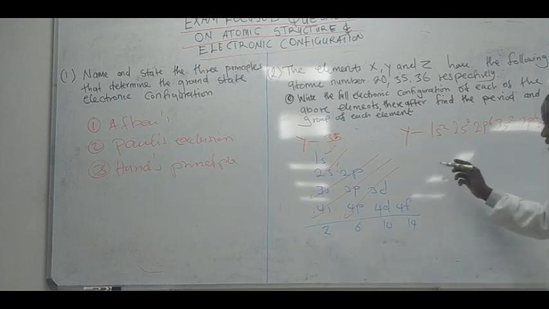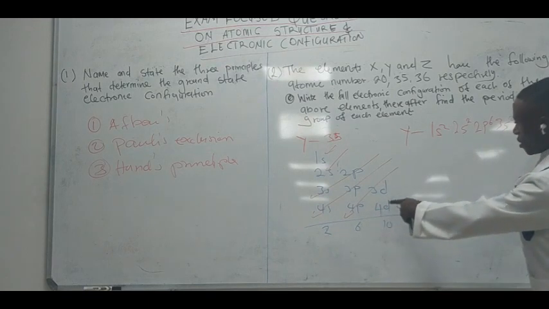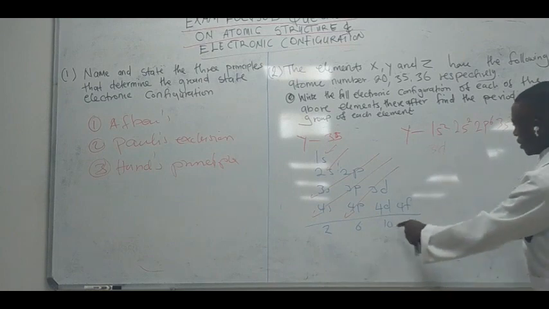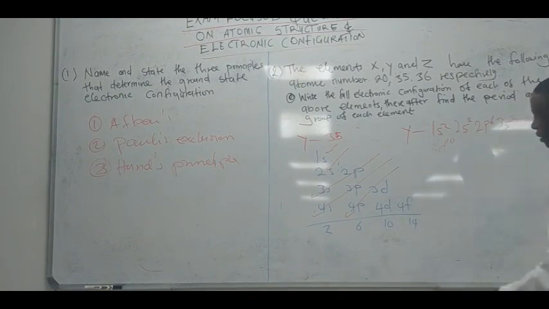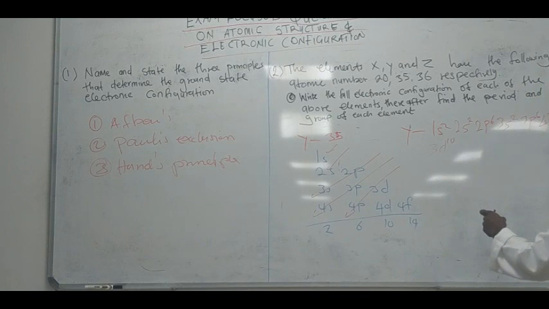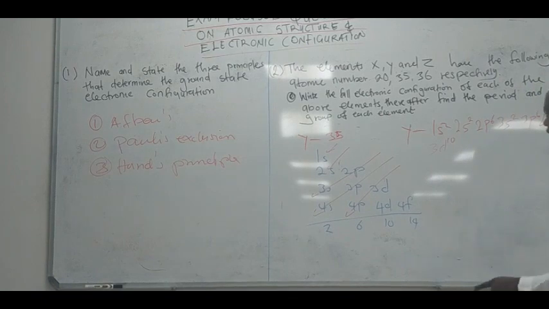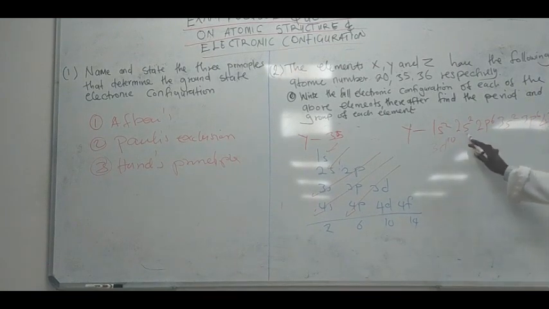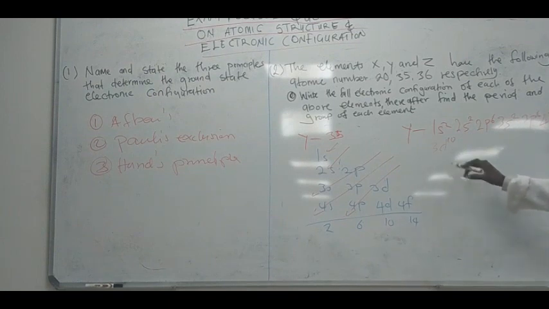So we continue from s, we're coming to 3d, and 3d was saying it has got 10. Okay, 10, let's add: 1s, 2s, 20, 30.